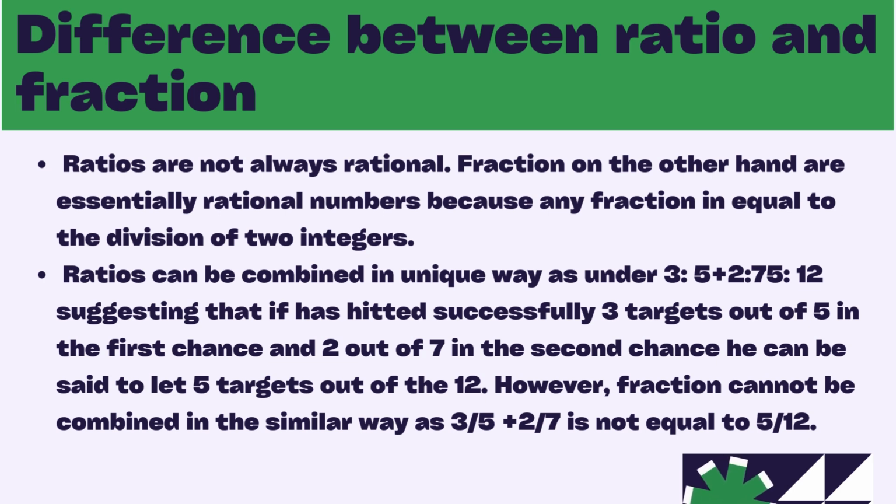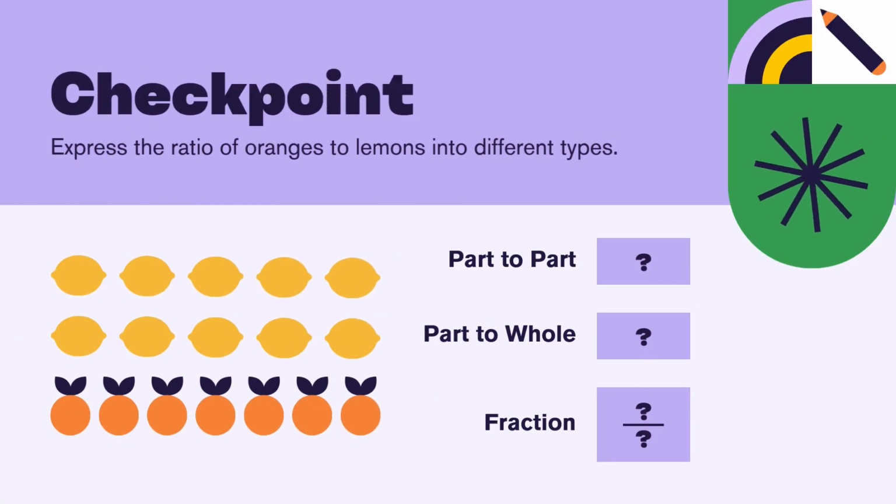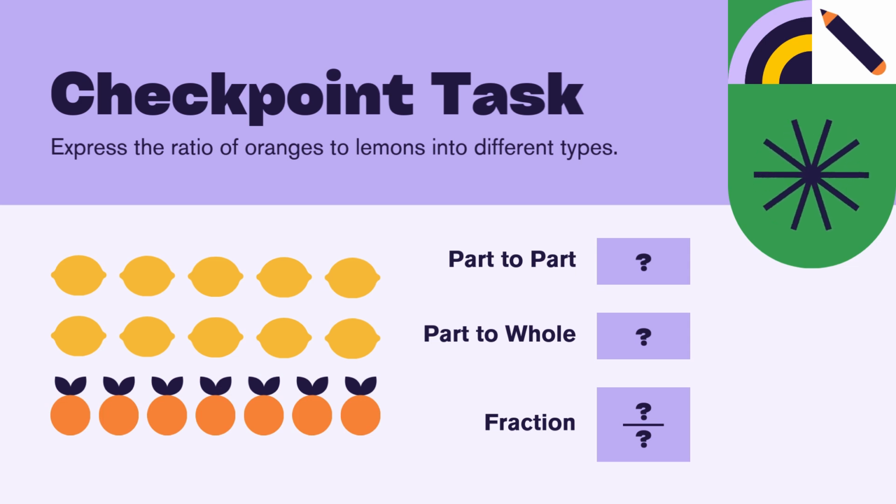However, fractions cannot be combined in a similar way, as 3 by 5 plus 2 by 7 is not equal to 5 by 12.